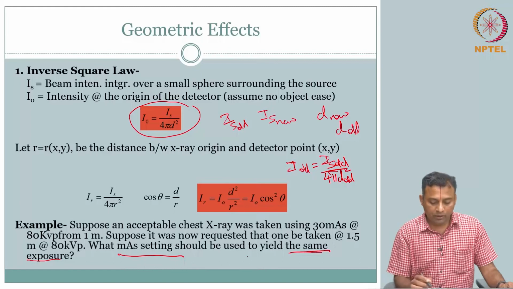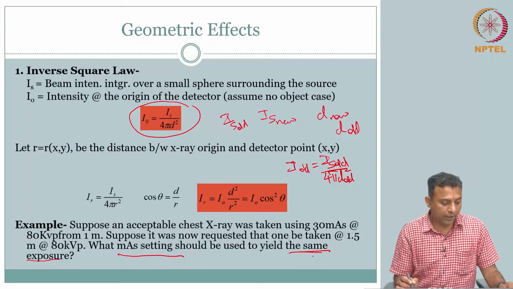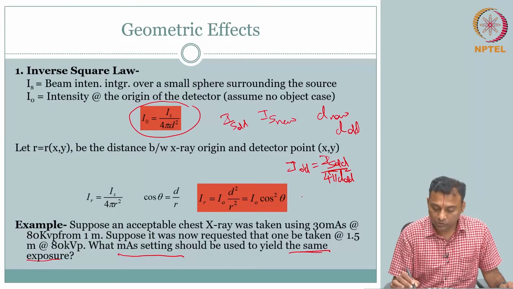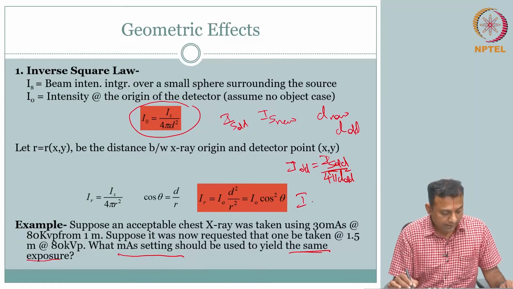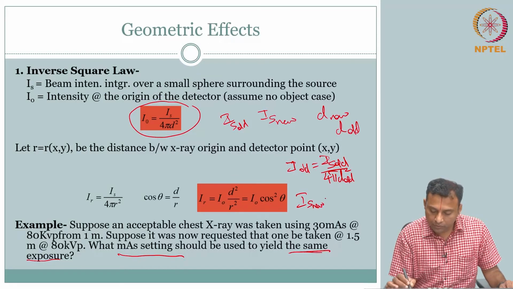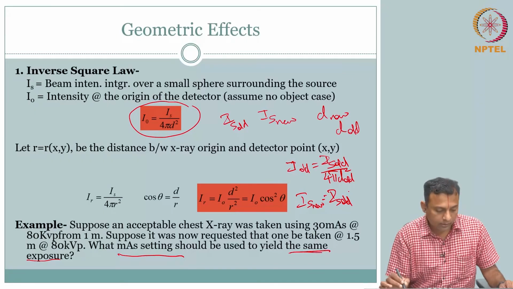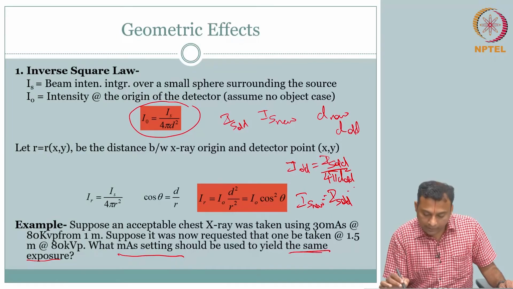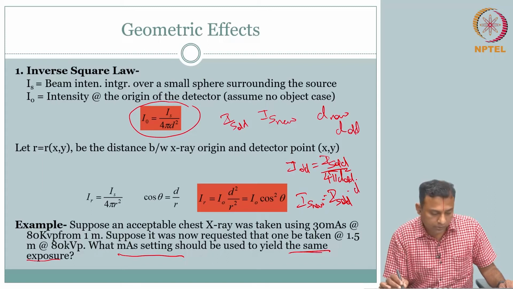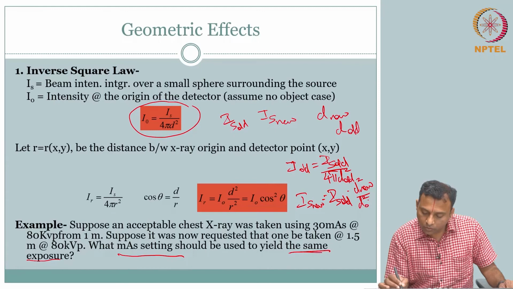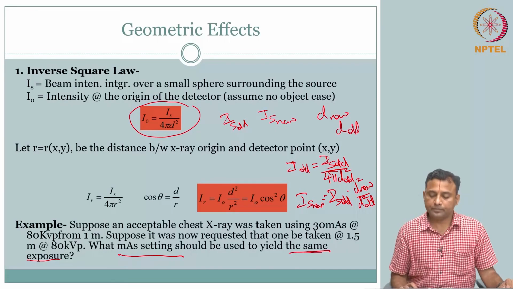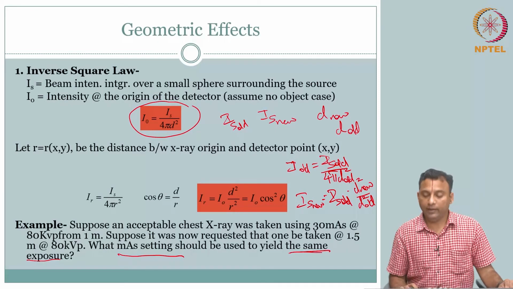All I can say is, because I want to use the same exposure, I could say these could be proportional. So, I can write IS new is equal to IS old times your D square new by D square old, right.